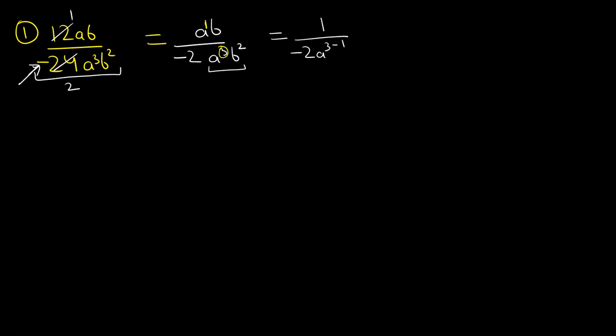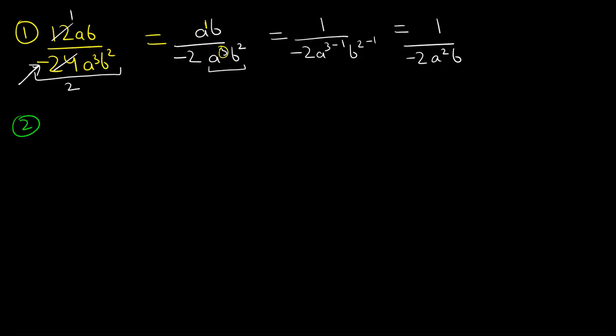And for b, we have b square in the denominator minus 1, and we get 1 over negative 2 a square b, and that is our final answer.